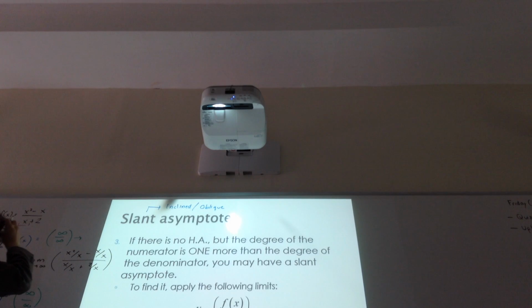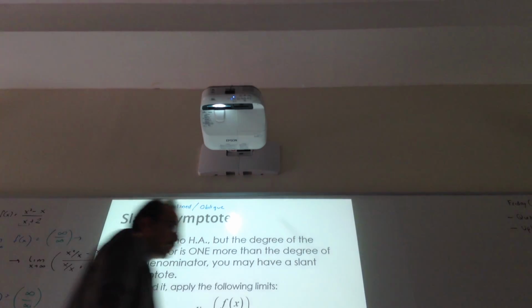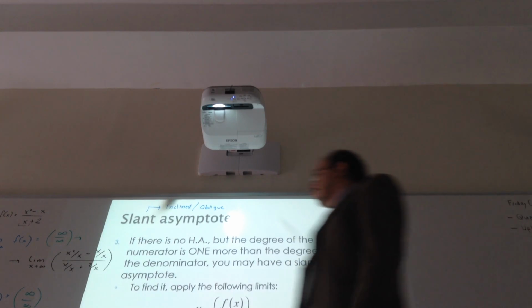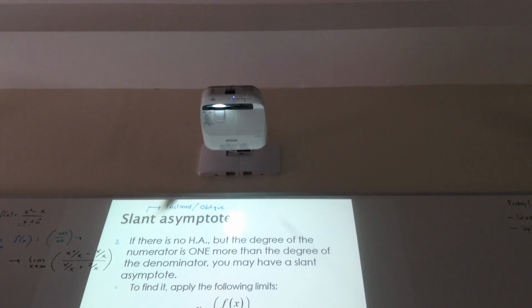And that's equal to x minus 1 over 1 plus 2 over x. Limit x approaches infinity of x minus 1 over 1 plus 2 over x, right?